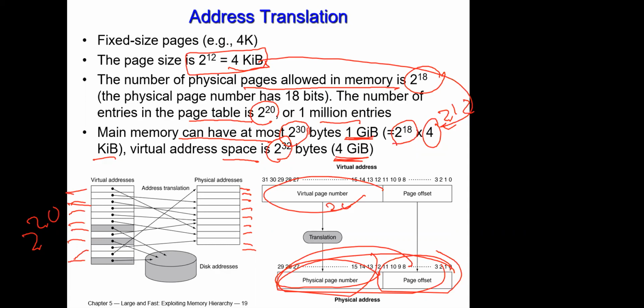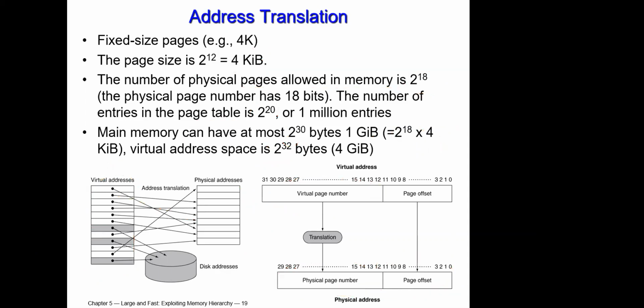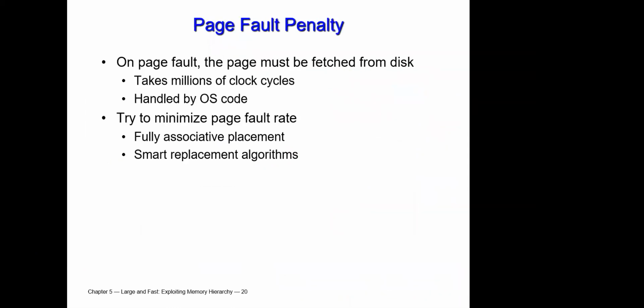But the question is, we already explained briefly that there is something here that points to another thing here, and so on and so forth. But how can we do that? Second, what will happen if I went to this page, for instance, and I didn't find it, so I miss? What should I do, which means that I have a page fault. What exactly would be the situation in this particular case?